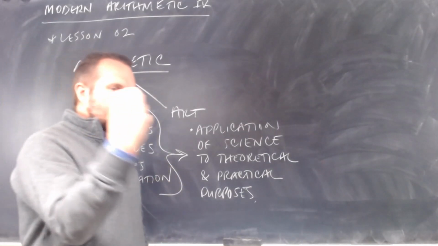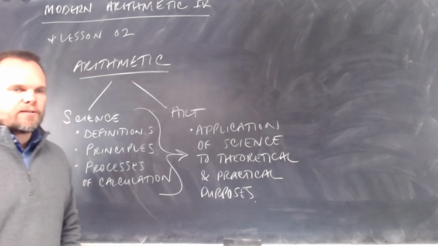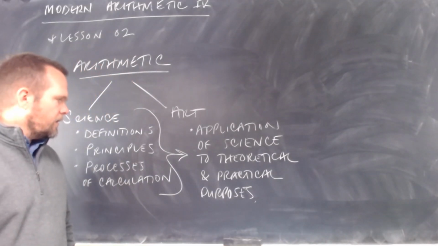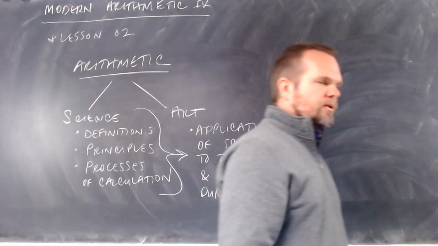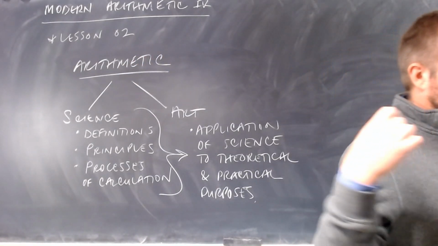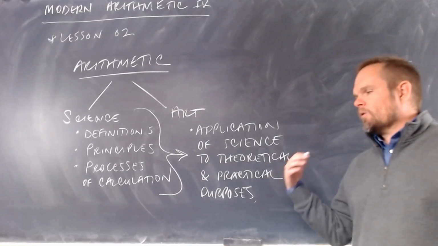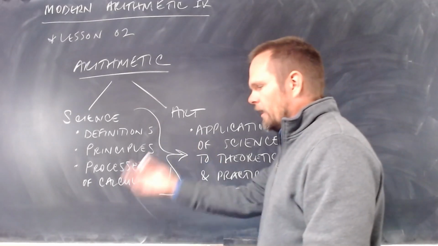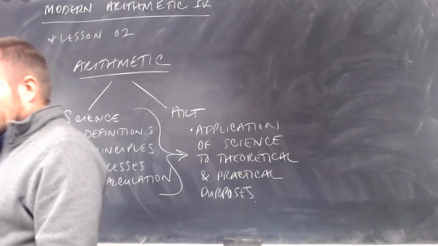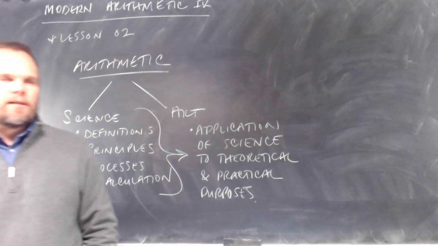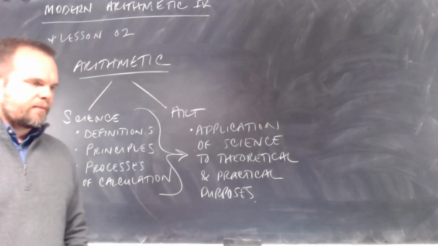We want to apply the science of arithmetic to theoretical and practical purposes. We want to actually use it. We study the science of arithmetic so that we can use it. We can apply it. That's what art is. The art of arithmetic and the science of arithmetic.